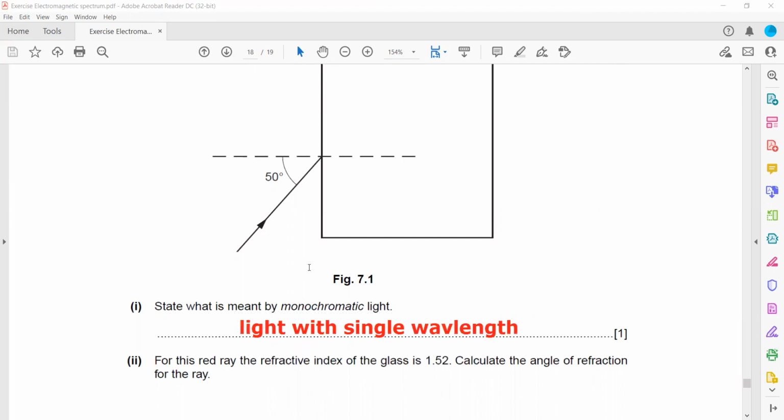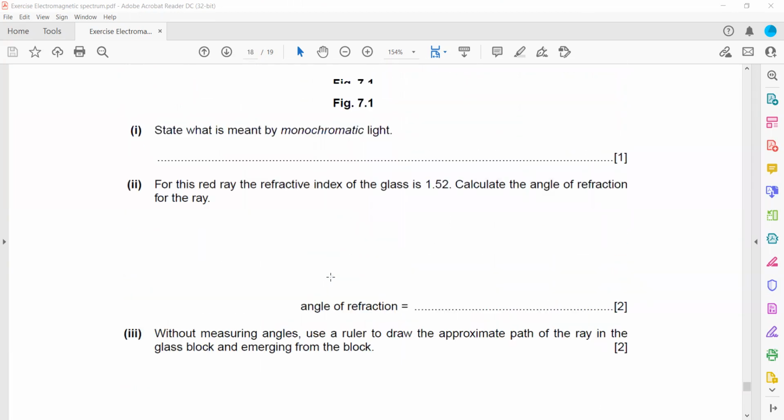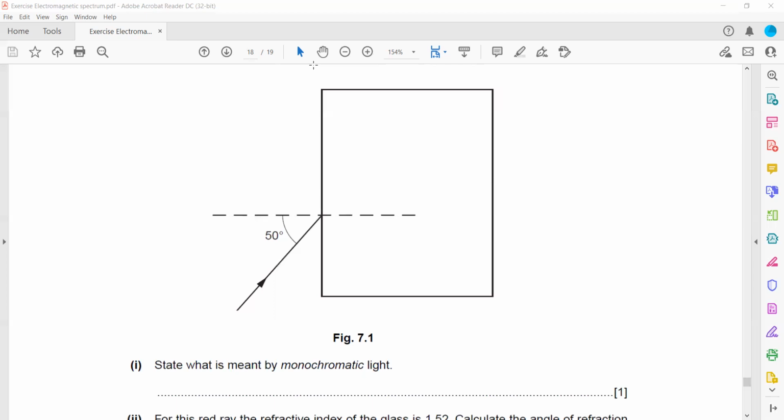For this red light, given the refractive index, calculate the angle of refraction; we can use a formula to work it out. Then without measuring the angle, draw the approximate path for the ray. So we don't have to measure the angle. It will bend towards the normal. Then we draw the dotted normal, and when it is coming out, we'll also draw the normal there.